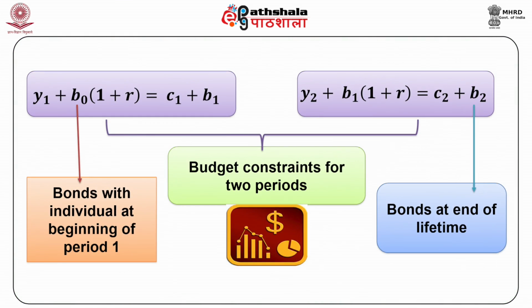The budget constraints for the two periods are given as y1 + b0(1+r) = c1 + b1, and y2 + b1(1+r) = c2 + b2. Now in this, b0 denotes the bonds with the individual at the beginning of period 1, and b2 denotes the bonds at the end of his lifetime.